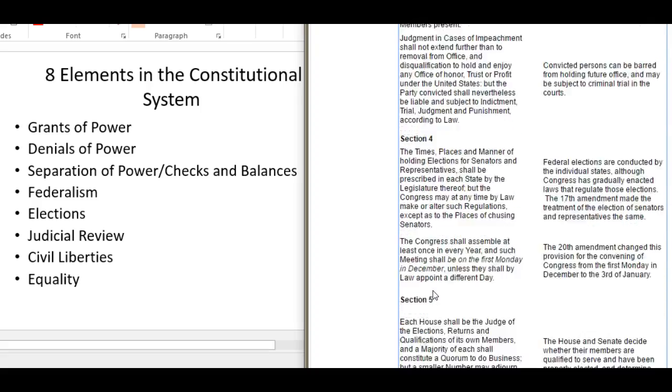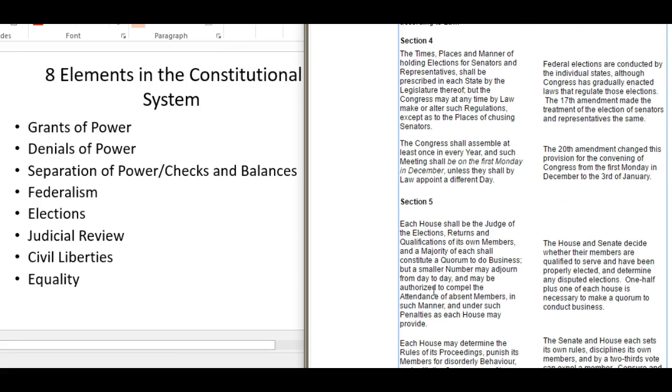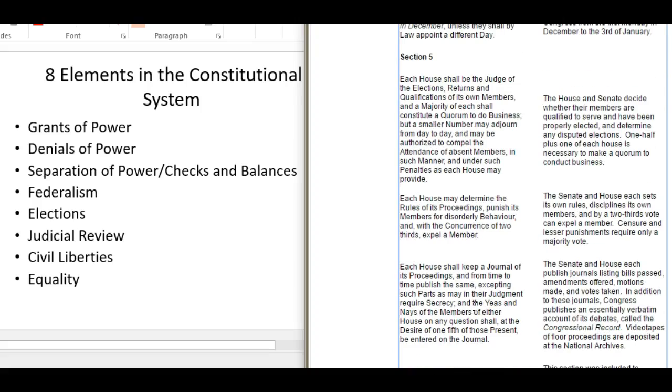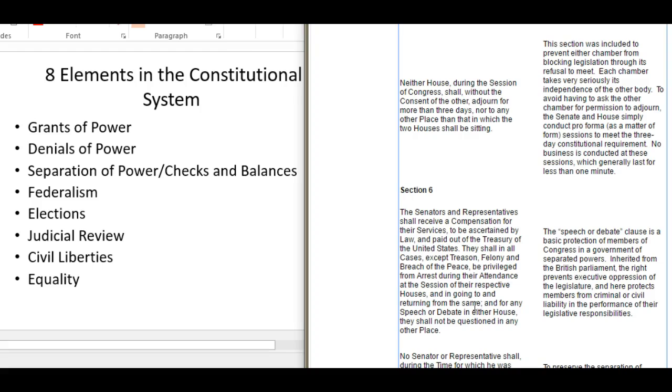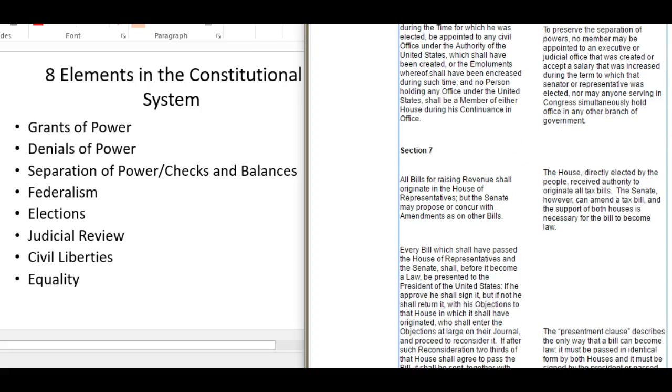Sections 4 and 5 both are kind of just housekeeping issues, right? How do they take care of business? When do they meet? Do they get paid? And things like that. Section 6 as well. And Section 7 is where the lawmaking process is described. Every bill, remember, I'm just a bill, I'm only a bill, spelled out right here, how to make a law.